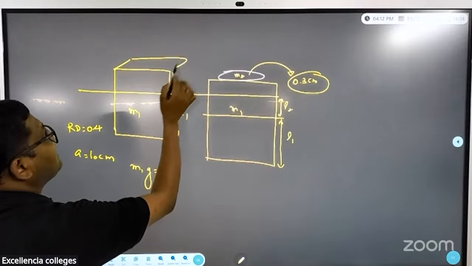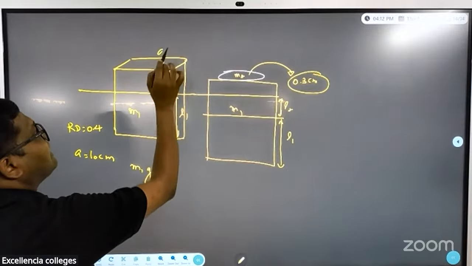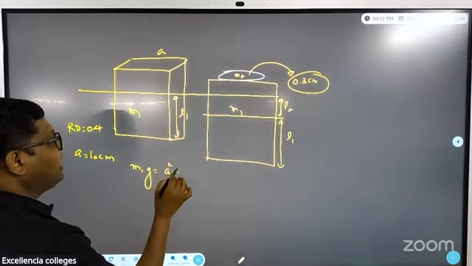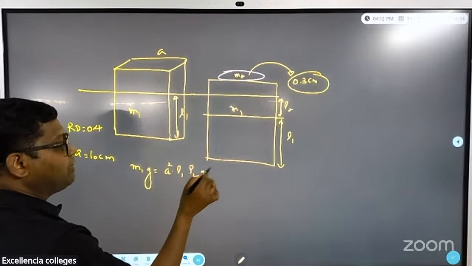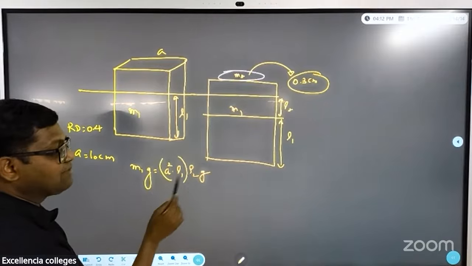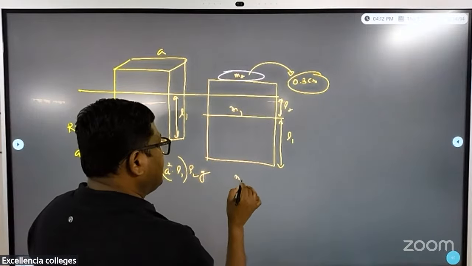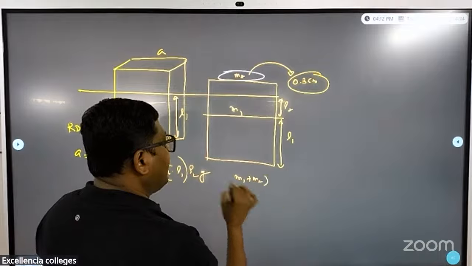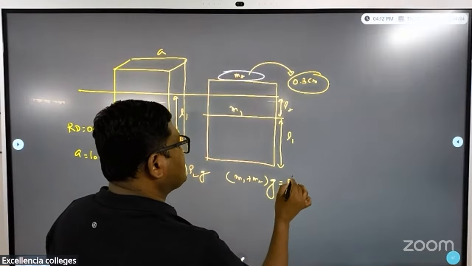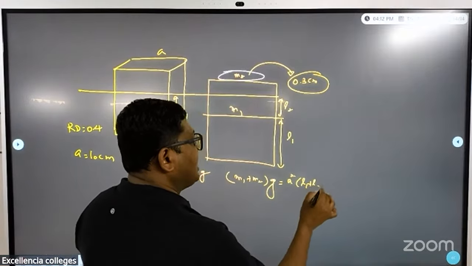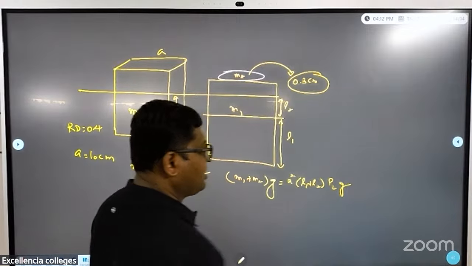Taking A as the side, you have A square into L1 into density of liquid into g. In the second case, you have M1 plus M2 into g equal to A square into L1 plus L2 into density of liquid into g.